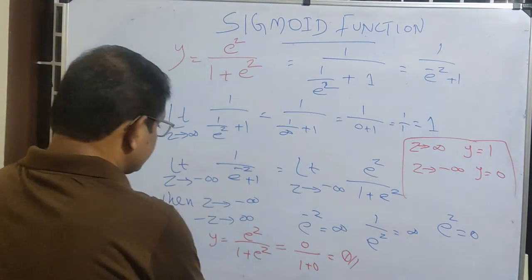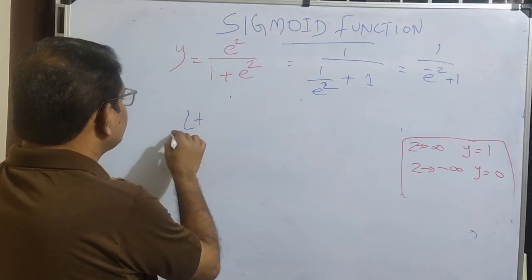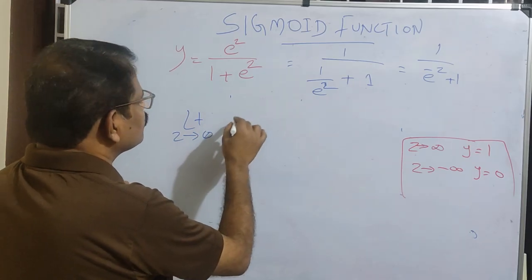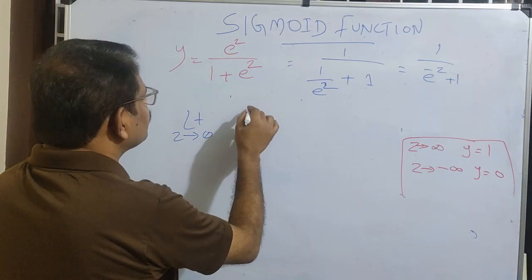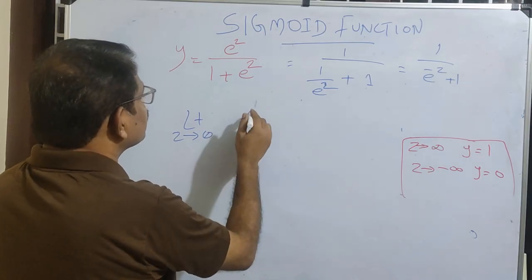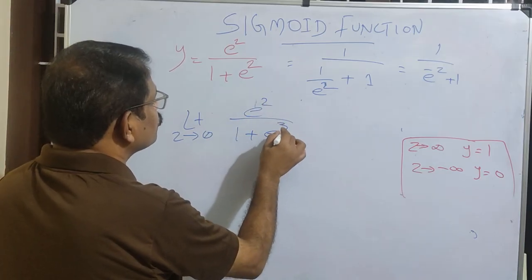Next, let us check what is y when z tending to 0. Limit z tends to 0. Let us take e raised to z divided by 1 plus e raised to z.